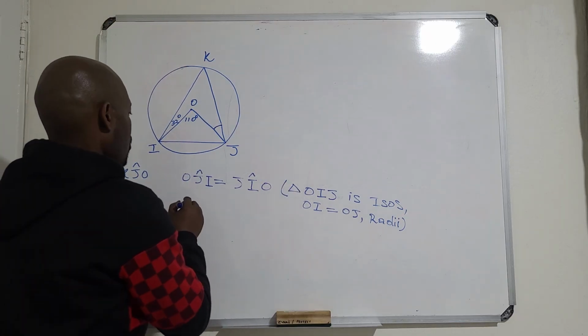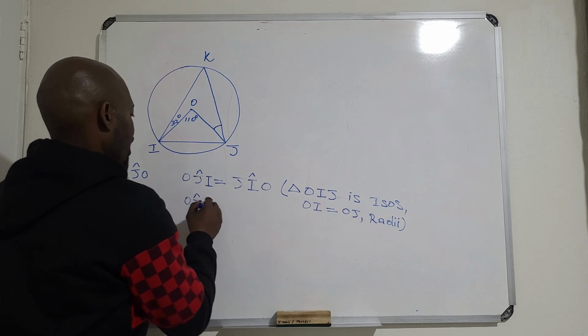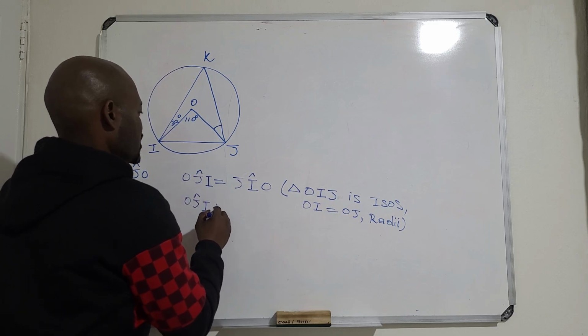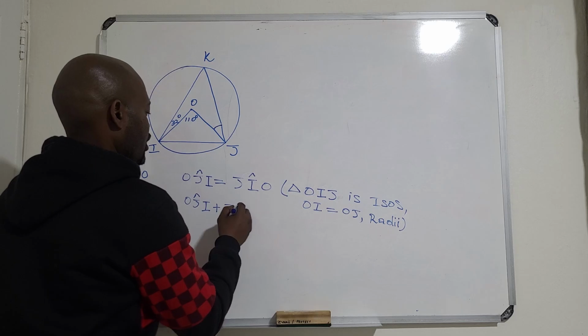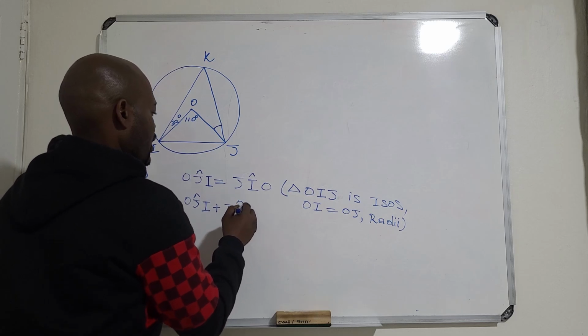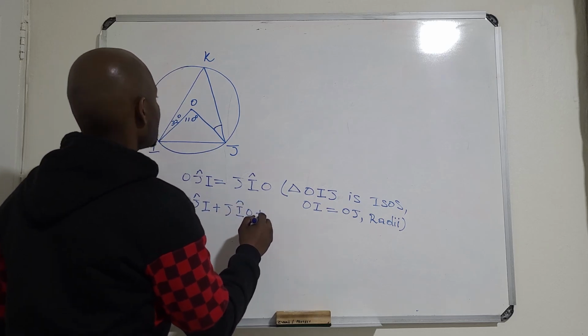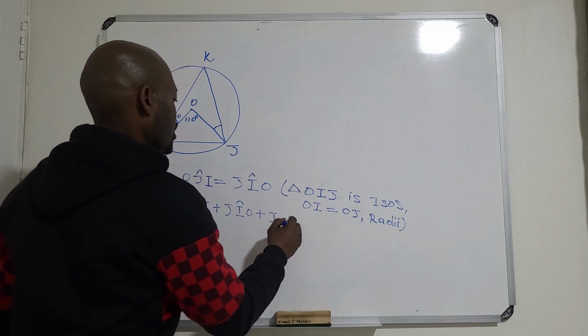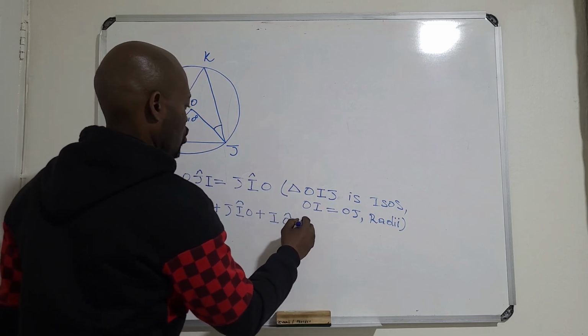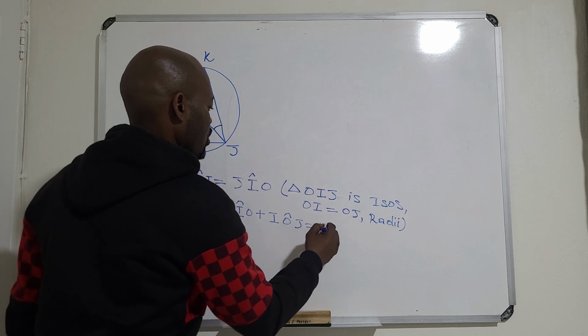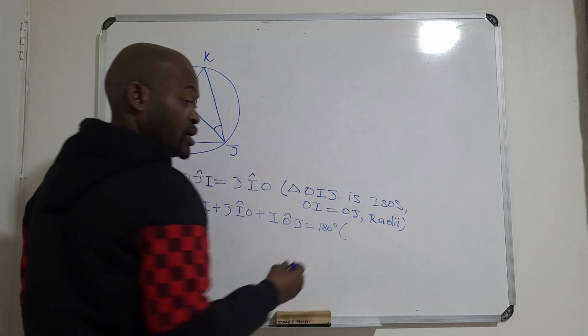Now, angle OJI plus angle JIO plus angle IOJ is equal to 180 degrees.